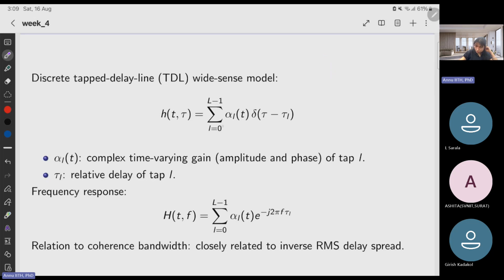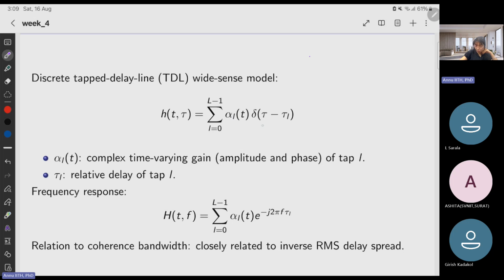There is alpha_l(t) for each line, the multiplicative factor multiplied by delta(t minus tau_l). Why is the delta term there?